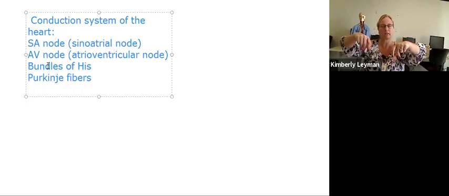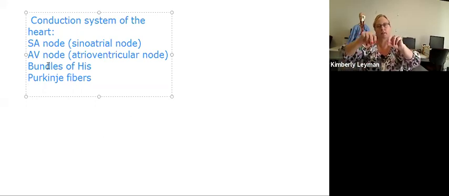I believe I'm saying that right. And then when the semilunar valves close together, that's your dub. So it's lub dub, lub dub. That's the valves closing, and that makes the heart sounds. So if someone has a heart murmur and those valves aren't closing all the way, you hear more of a swishing than an actual snapping.